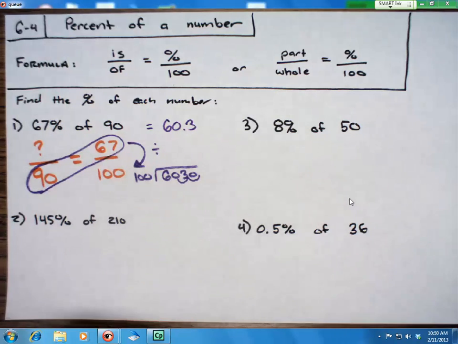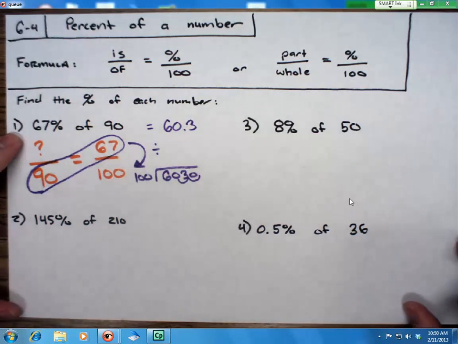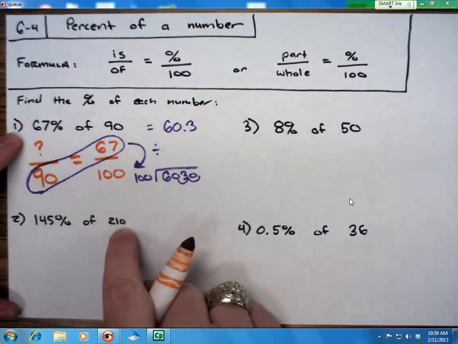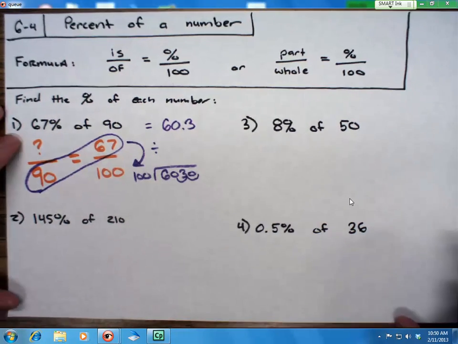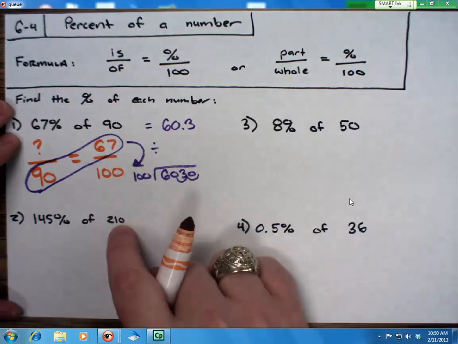Okay, so let's take a look at number 2. Number 2 is a little bit different because if you notice, we have a percent that's actually larger than 100, which should indicate that my answer has to be bigger than 210, because 100% of 210 is 210, so any percent larger than 100 has to result in a number larger than 210.